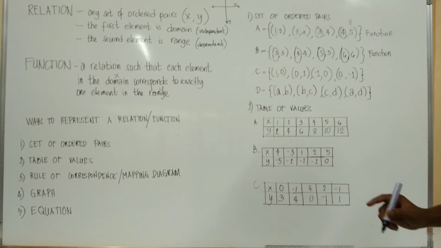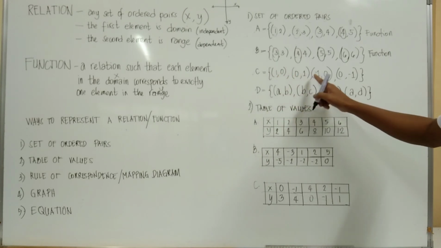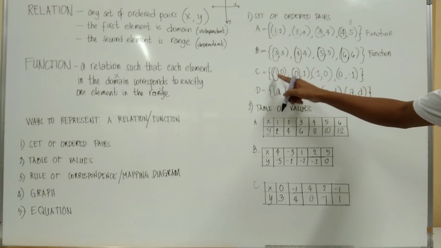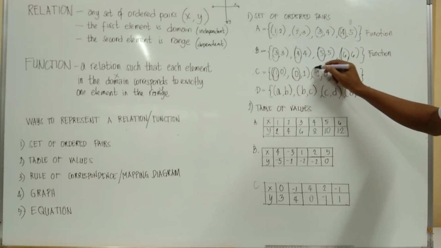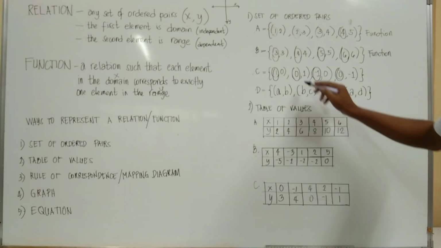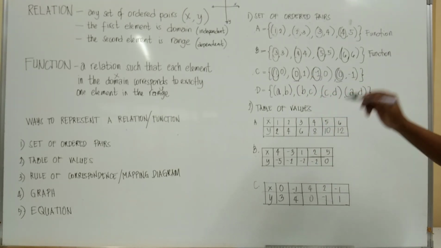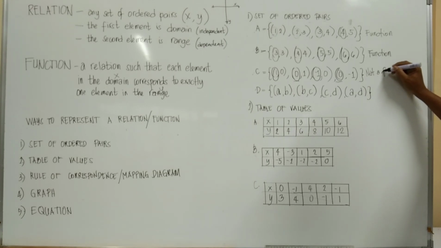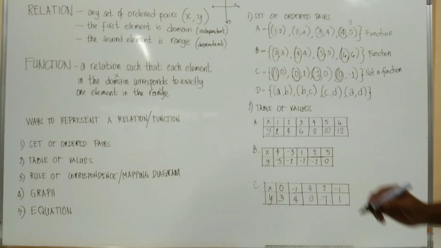Then letter C, we have 1, 0, 0, 1, negative 1, 0, 0, and negative 1. The domains are 1, 0, negative 1, and 0. If you look at it, 0 repeats, so we can say that it is not a function. Okay? So simple.